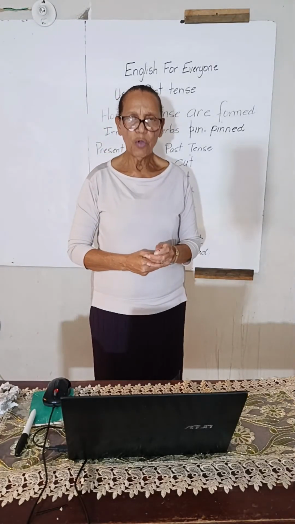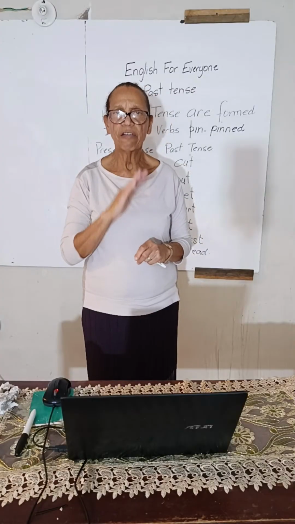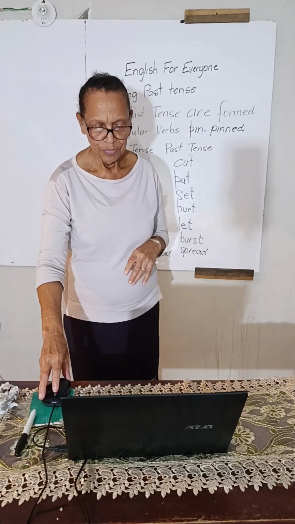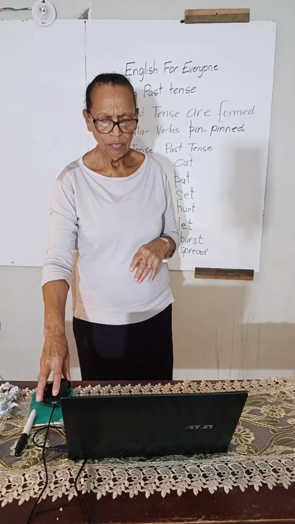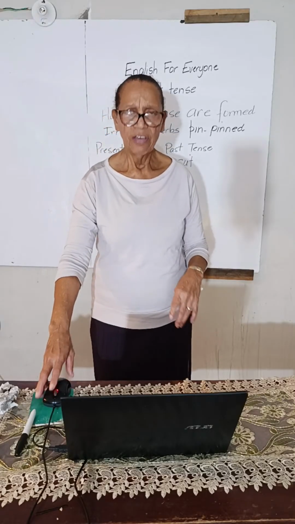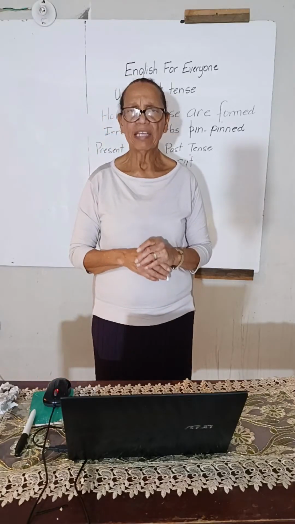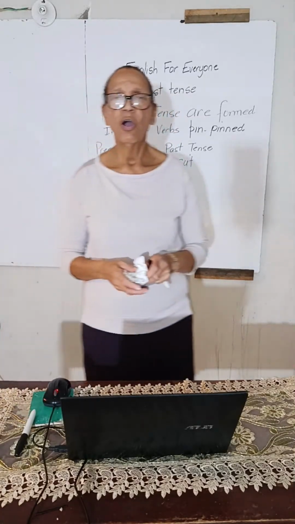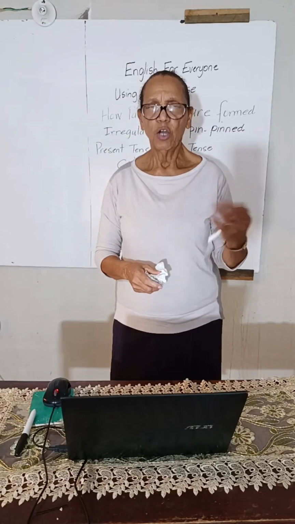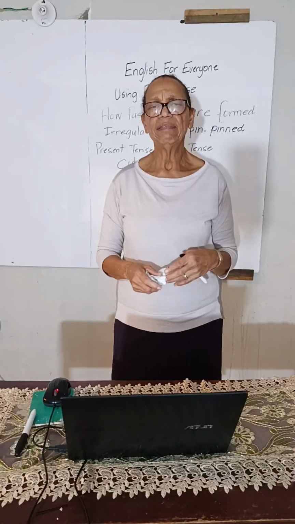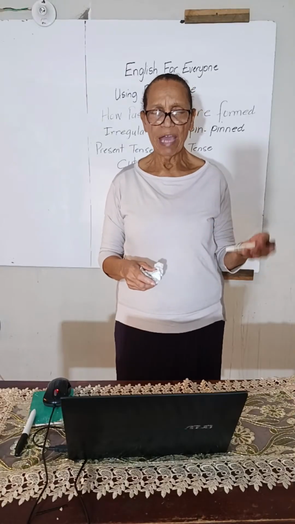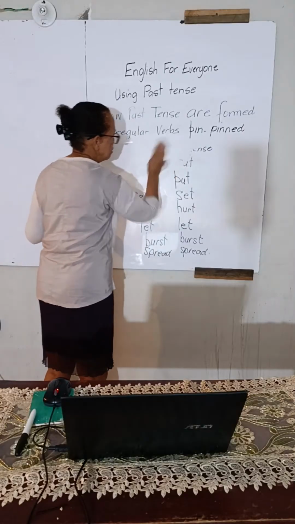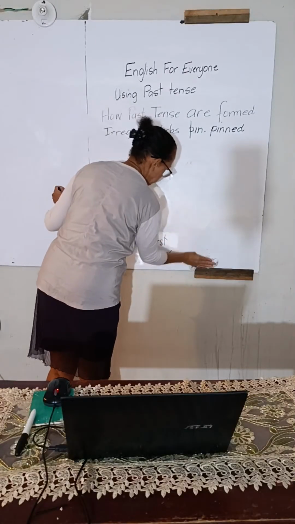Now, today, we are going to write a few paragraphs together using the past tense. There's a simple way of writing paragraphs. I'm encouraging you, if you are there on the platform, take out your pens or pencils and paper, and we're going to write together.